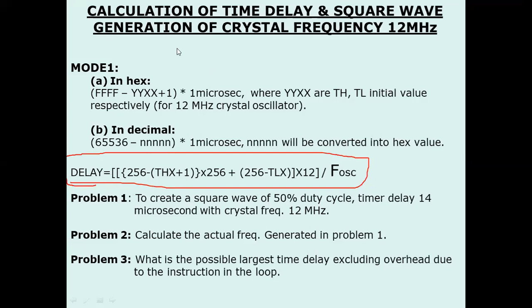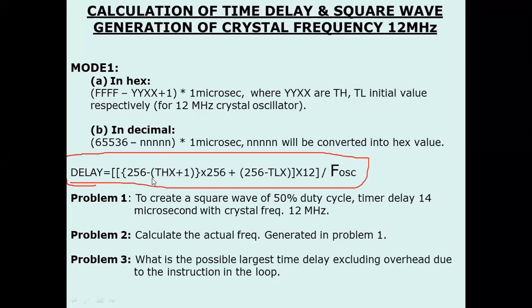Done. All of you have written in your copy this formula. Yes, sir. Okay. Now let me explain why this formula is there. You know that two 8-bit registers together form the 16-bit register of the timer. There is timer high and timer low.